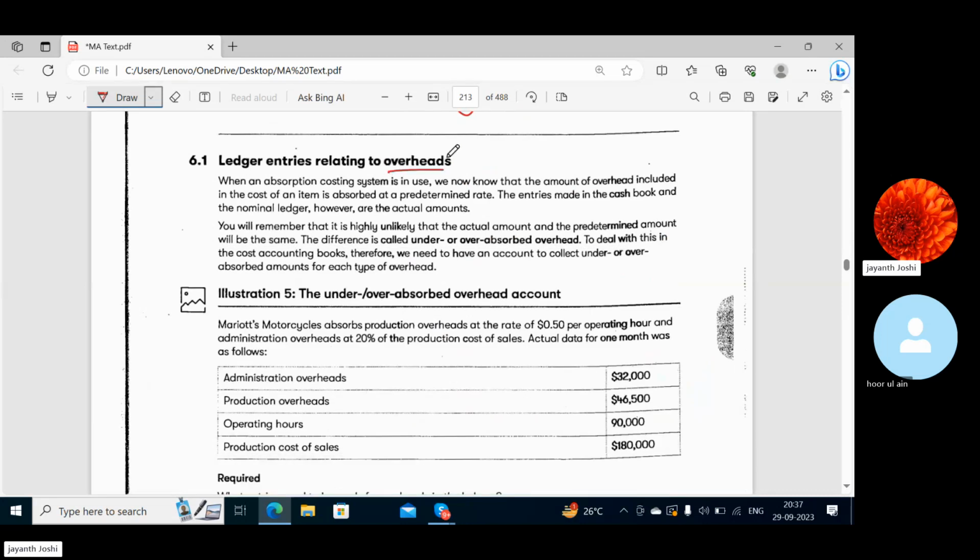Ledger entries relating to overheads. When an absorption costing system is in use, we now know that the amount of overhead included in the cost of an item is absorbed at a predetermined rate.